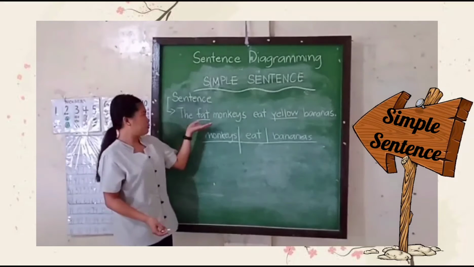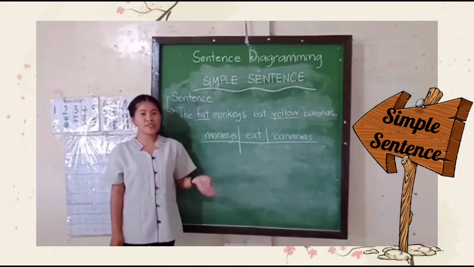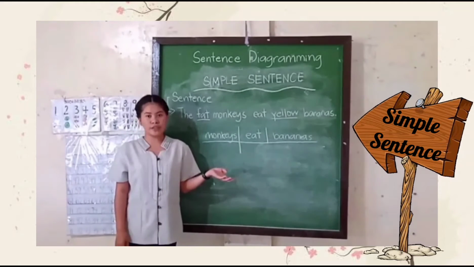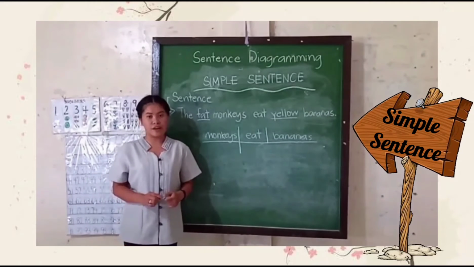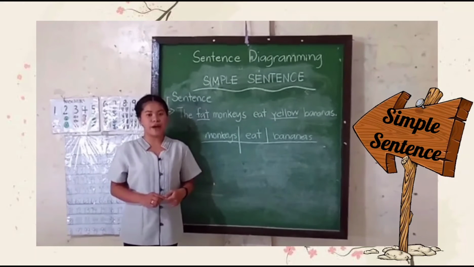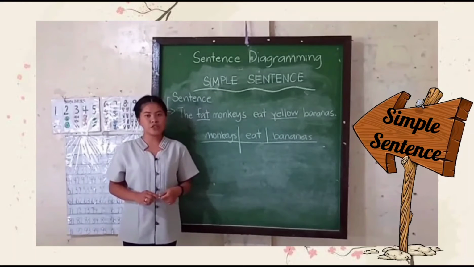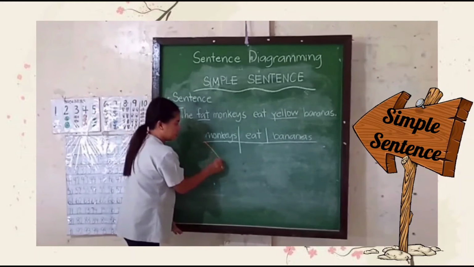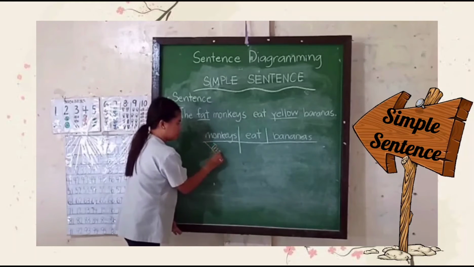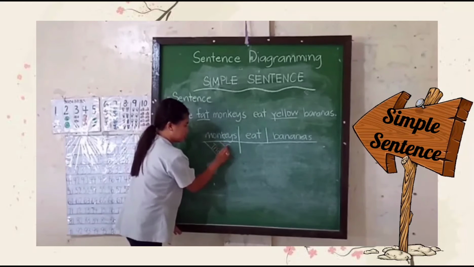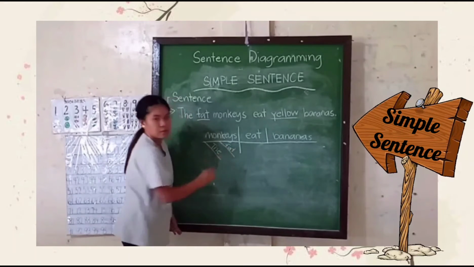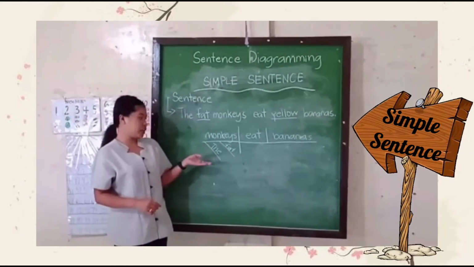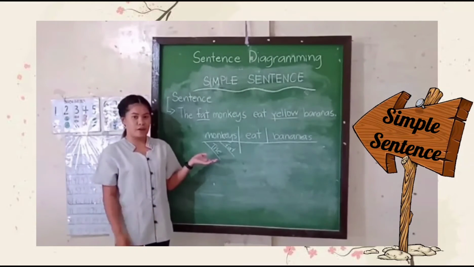And the and fat are both words that describe the monkeys. So, they need to form a unit and stay together as a unit in the diagram. We indicate this by placing those words each on their separate diagonal line that touches the line with the word they describe.